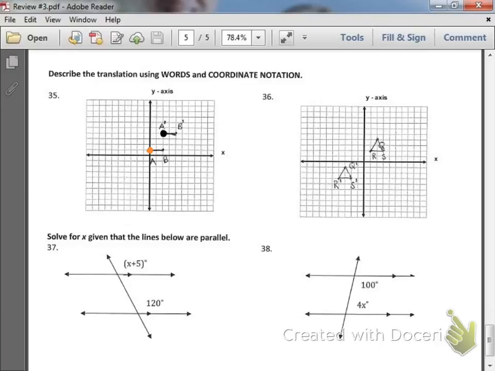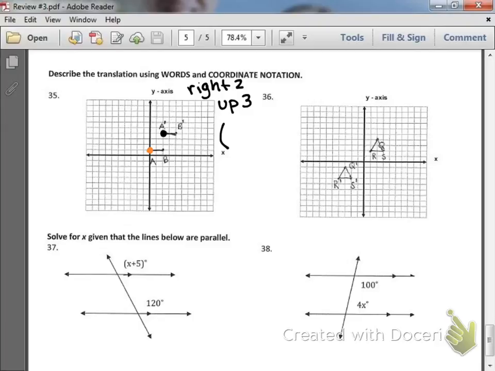So in words, how would you describe that? You have to go right how many? 2 times, and then you go up, it looks like 3 times. So in words, I would just say right 2 and up 3.